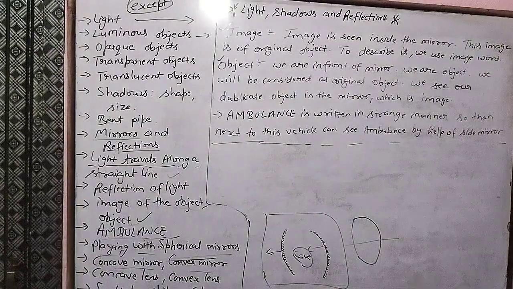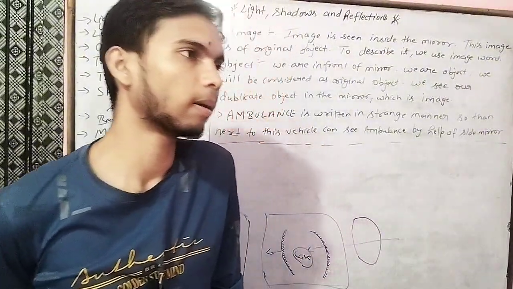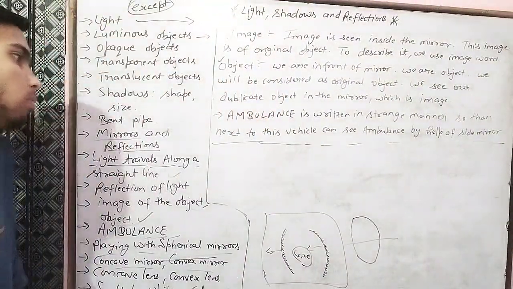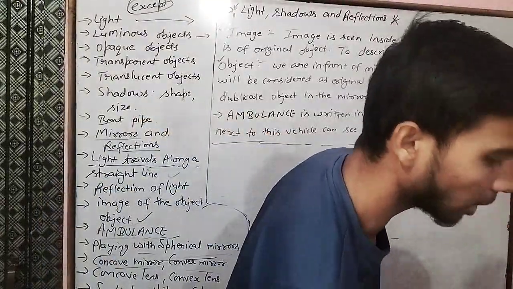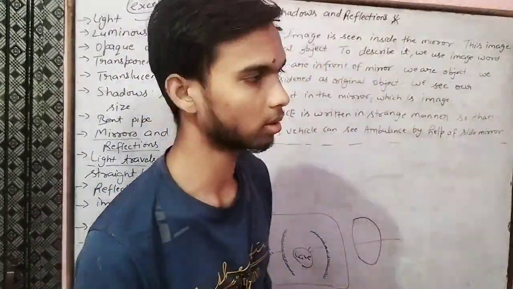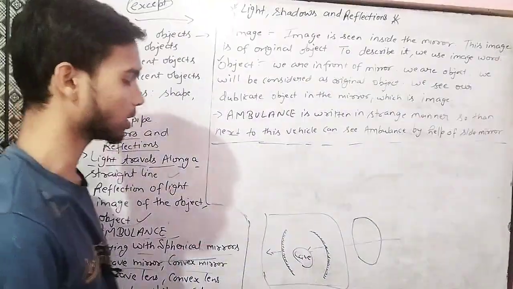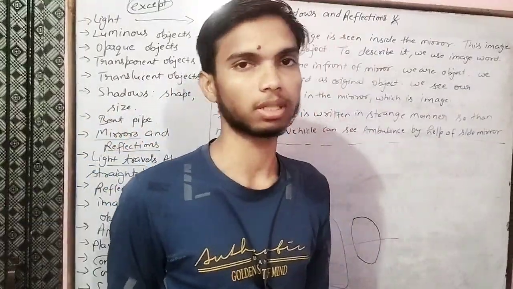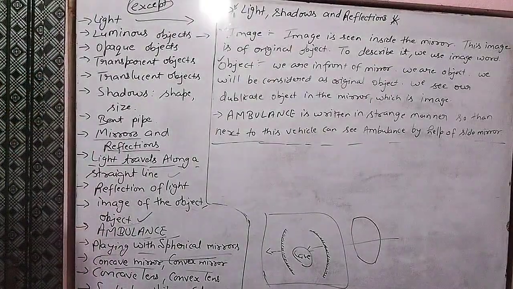A convex mirror could give a real image, but most of the time we see our virtual image inside the mirror.